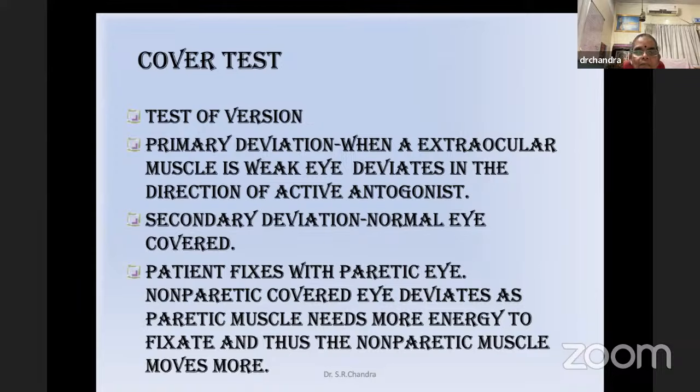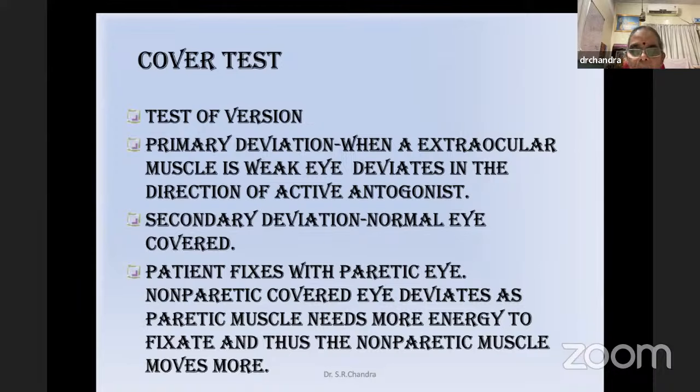Secondary deviation: you cover the normal eye, the left eye, and the patient fixes with the paralytic eye. When the patient fixes with the paralyzed eye on the target, the eye puts a lot of energy to move the paralyzed eye. There is a principle called Hering's law, which I have discussed in the previous 2 sessions. By this principle, yoked muscles, which carry out a particular action, get equal amount of energy.